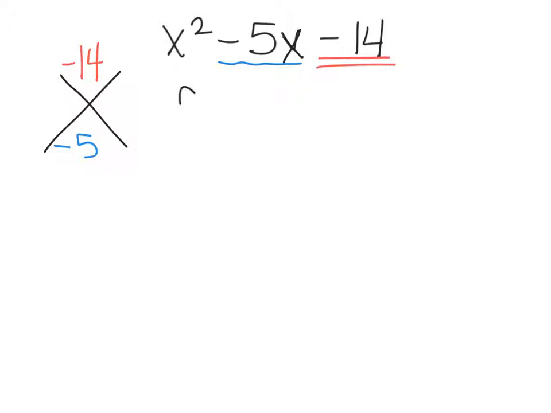So if I list my factors, and you do not have to list them every time, but I find that it can help, of 14, I have 1 and 14, 2 and 7. Pretty straightforward when there are only two factors. So my factors are going to be 2 and 7, but the problem is I need one of those to be negative because 2 times 7 is not negative 14.